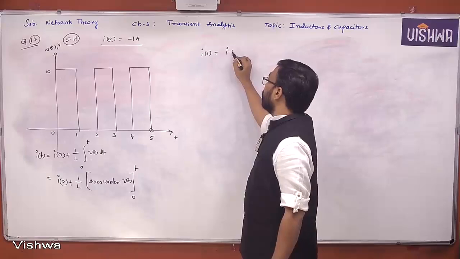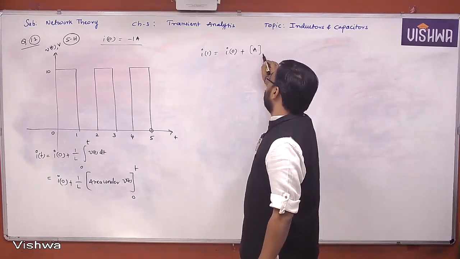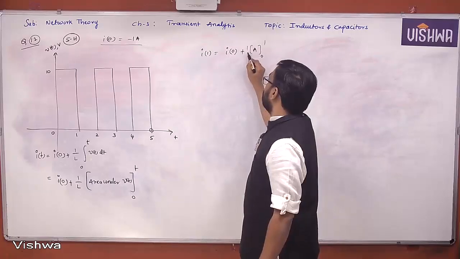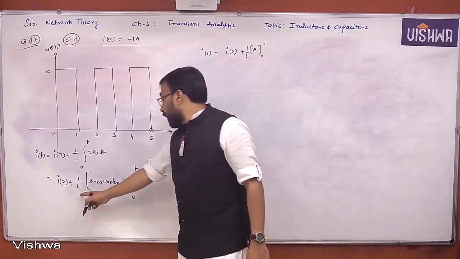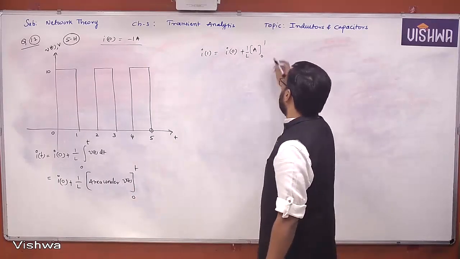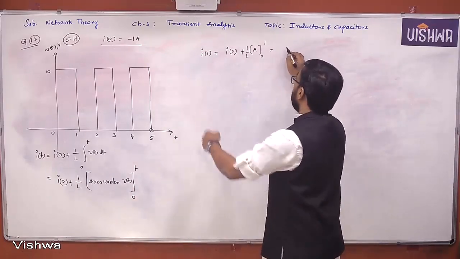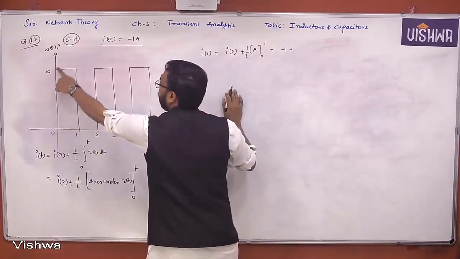Can I write something like this? The area over 0 to 1, 1 by L. Yes or no, all of you? 1 by L, area under V of t. This is V of t. What does this tell me? I of 0 is how much? Minus 1. What is the area? This is the area.